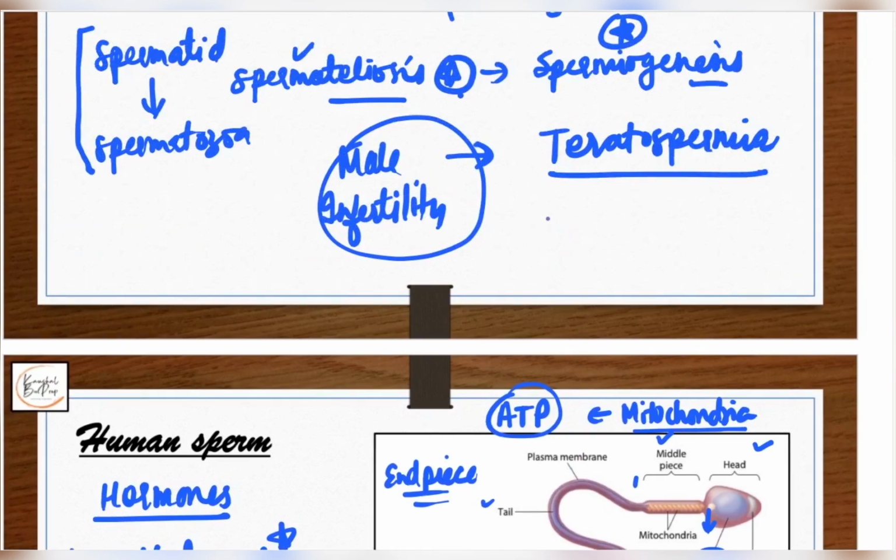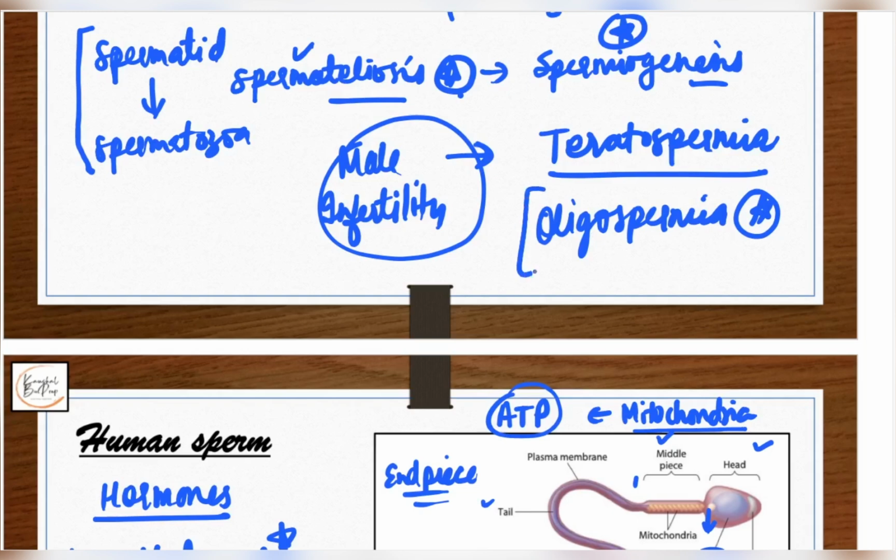Then there is oligospermia. Oligospermia is quite common. It is low sperm count. If there is low sperm count, the chances of fertilization reduces. That can lead to infertility. Then there is something called azoospermia. Azoospermia is something in which there is absence of sperm overall in the semen. So sperm production हो ही नहीं रहा.